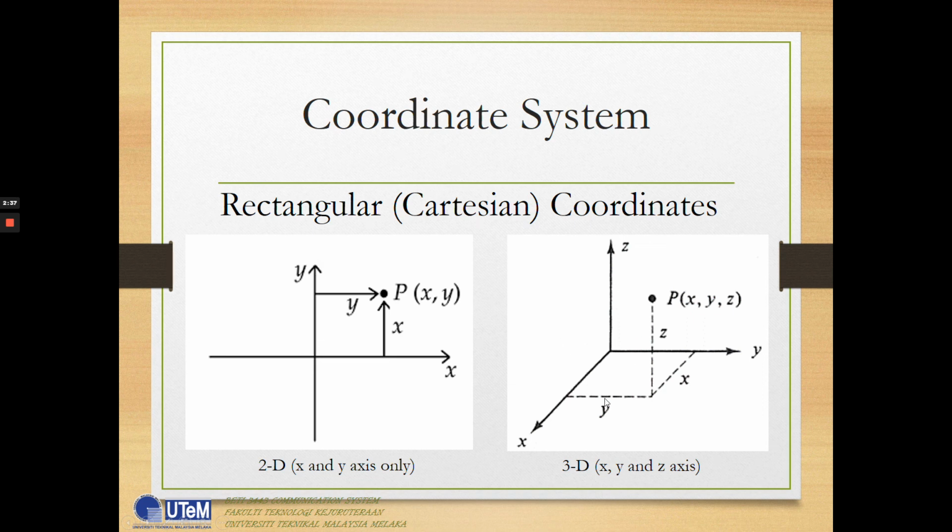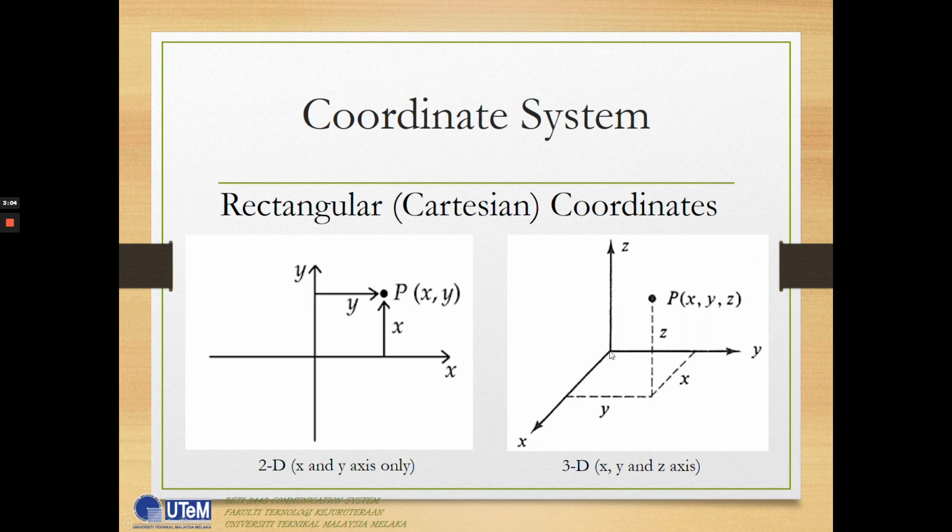Think about the corner of any room. A room has a corner like this, right? So the height of the room will be the z, the length will be x, and the width will be y. So here it's a 3D cube actually, where we can project any points anywhere.